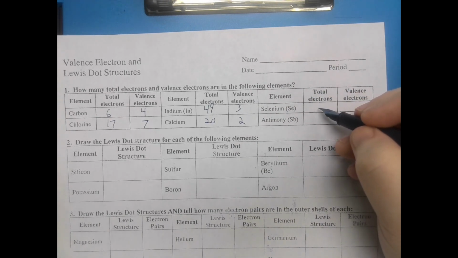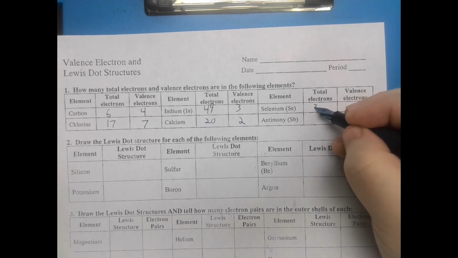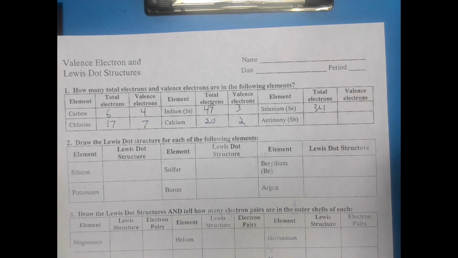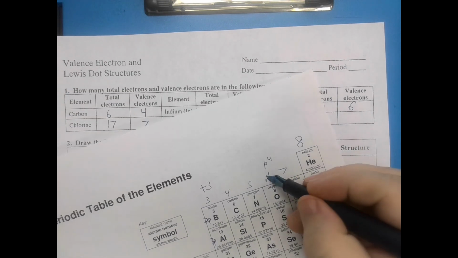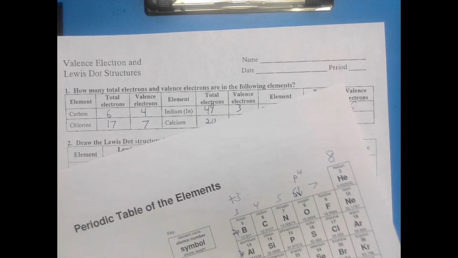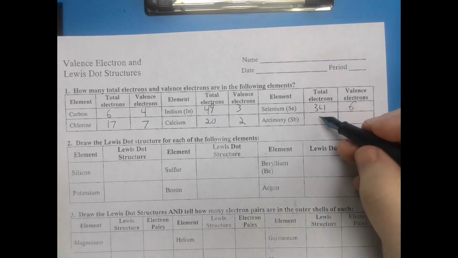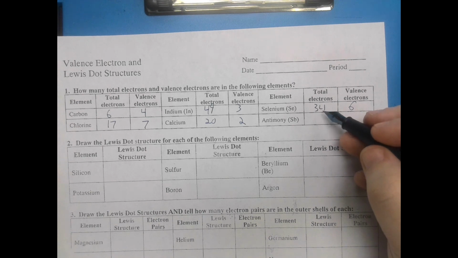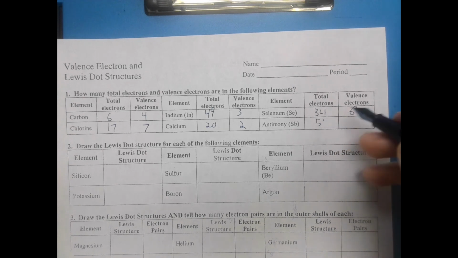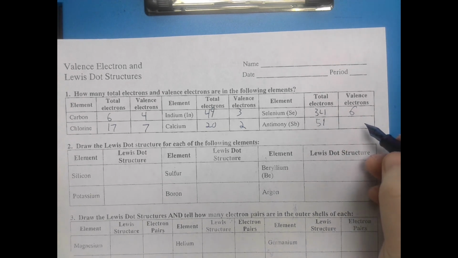Selenium is 34. And has 6. Everything in here has 6. Antimony, Sb, is number 51. Everything in here has 5.